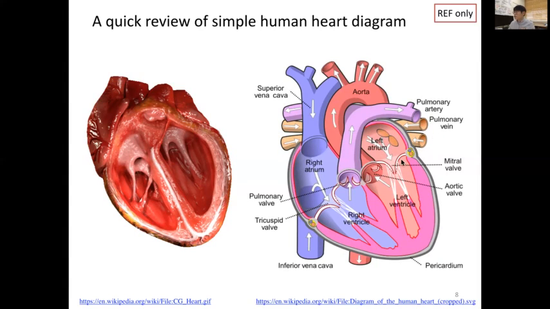Through this valve, it goes to the left ventricle. You can see the left ventricle has the biggest and thickest wall, which means it is the pump in our body. Through the pumping of the left ventricle, the blood is pushed throughout the body. You can see this aorta. An aortic arch allows the blood to go to the upper body and down throughout the body.